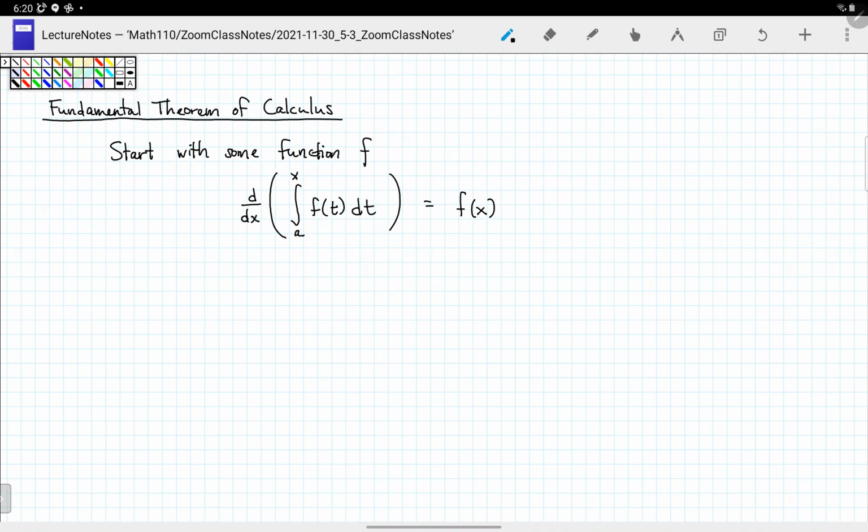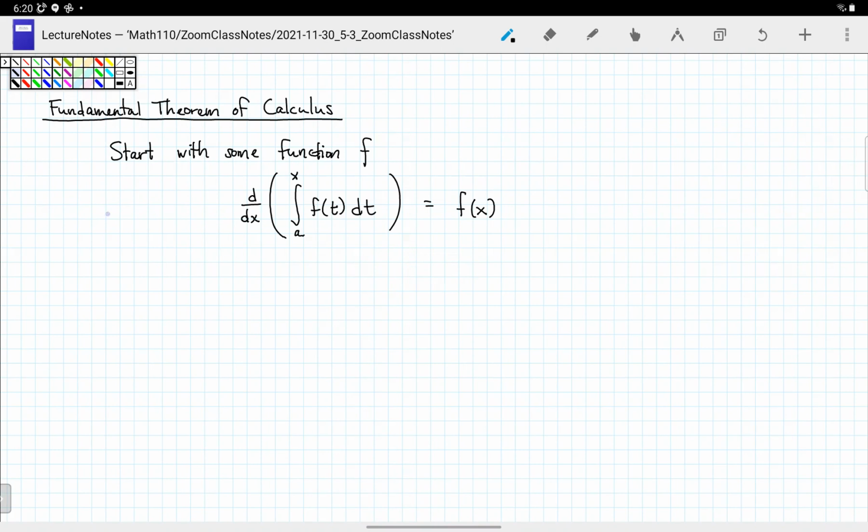Okay, so in this sense, the fundamental theorem of calculus gives us a relationship between differentiation and integration as kind of an inverse relationship, that differentiation kind of undoes integration, sort of.